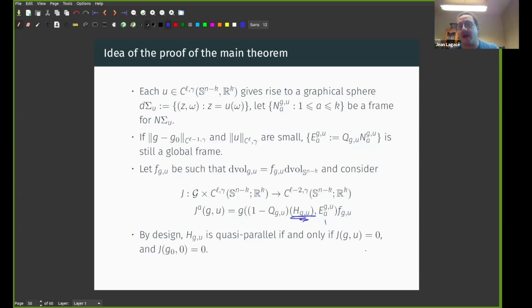And in particular, at the standard metric at 0, it's 0. I want to understand the set of metrics and functions u where this J is 0.